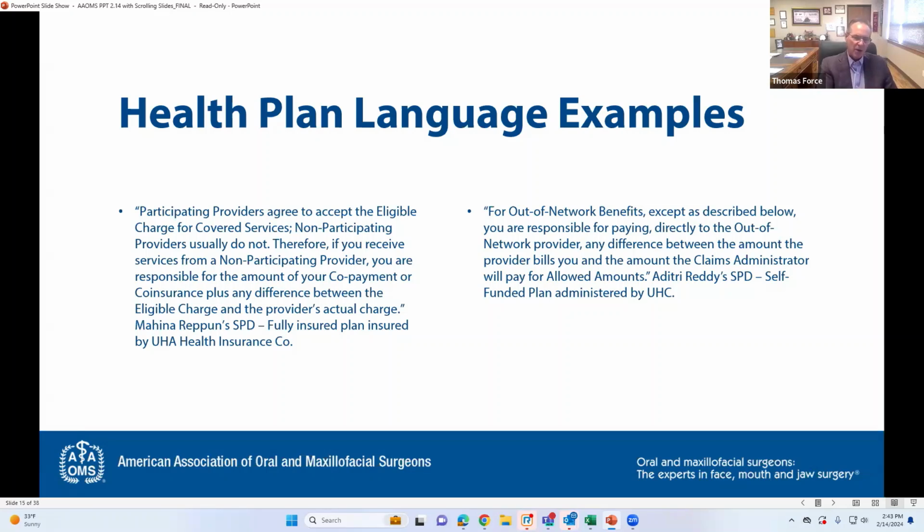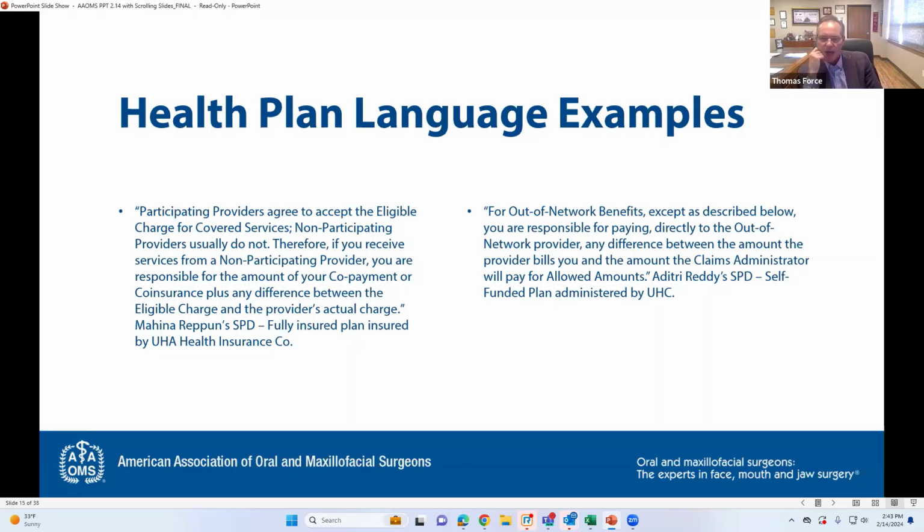This provision is not in most of the plans, but usually there's a provision that says whether you're going to an in-network provider or a non-participating provider, you as the member are responsible to pay your copayment, coinsurance, and deductible. So under this other plan, this is a self-funded plan administered by United Healthcare.